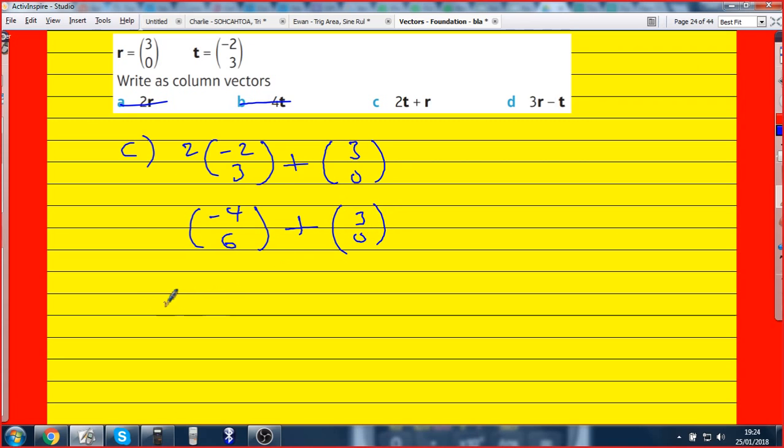So then it's just minus 4 add 3, which then gives minus 1, 6. Great. And then part D.